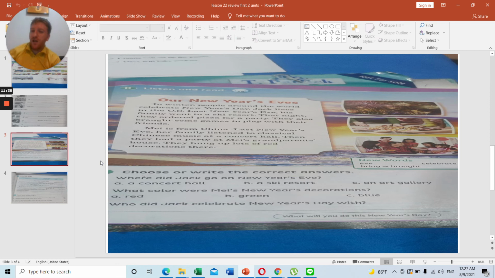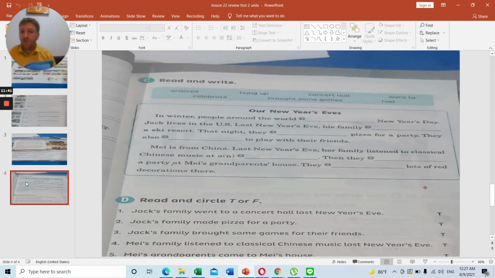And then when you're finished, the workbook, page 23 of your workbook. Answer the questions, fill in the blanks. So in winter, people around the world, what did they do? So ordered, hung up, concert hall, went to, celebrate, brought some games and had. So fill in the blanks. In winter, people around the world celebrate New Year's.